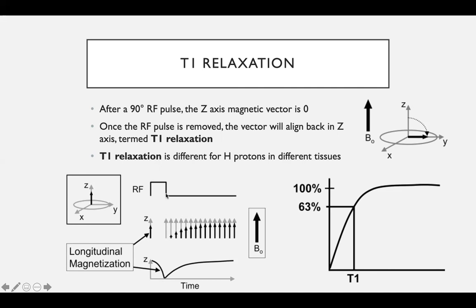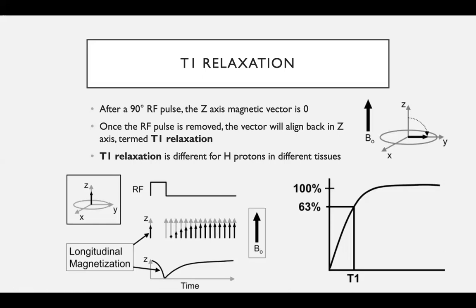And then once we remove that RF energy, we're going to start to grow back some of our longitudinal z-axis component. And so this here is longitudinal relaxation, and this is T1 relaxation. Of note, the amount of magnetic vector you have here is going to be less than the magnetic vector you have here, because remember, we added energy.